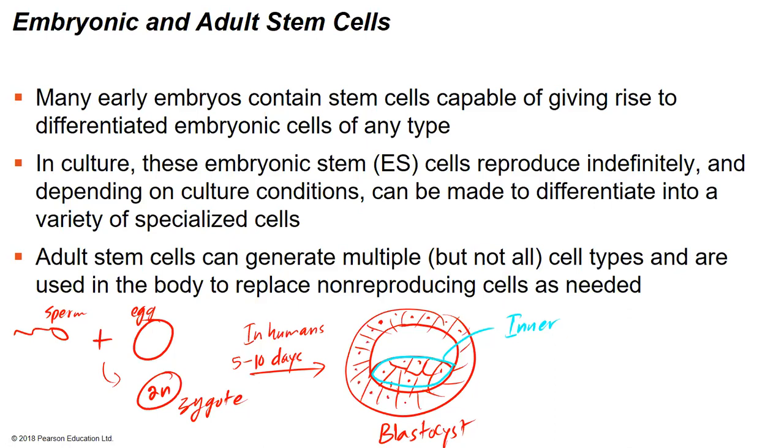And we have an outer rim of layers called the trophoblast. And the inner cell mass, or the ICM, contains the embryonic stem cells. So all these are embryonic stem cells.